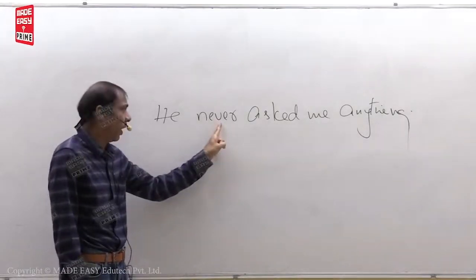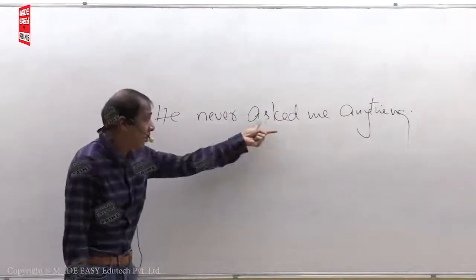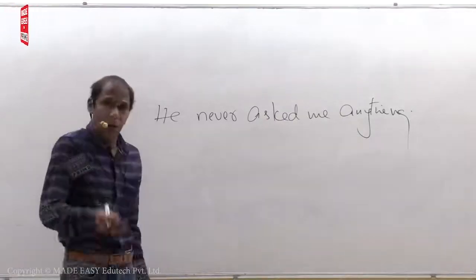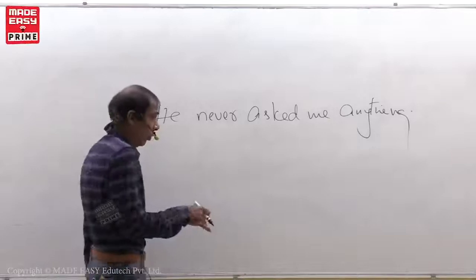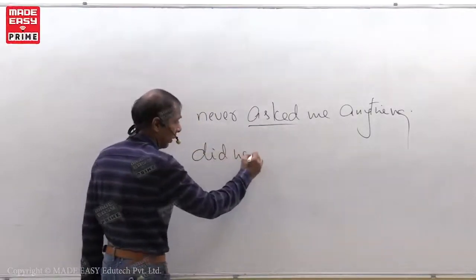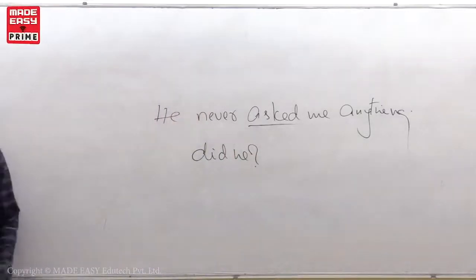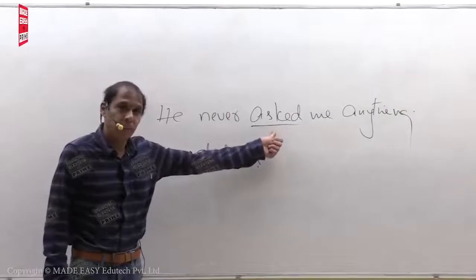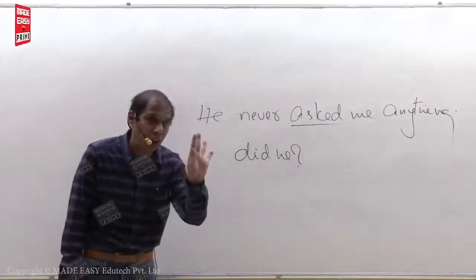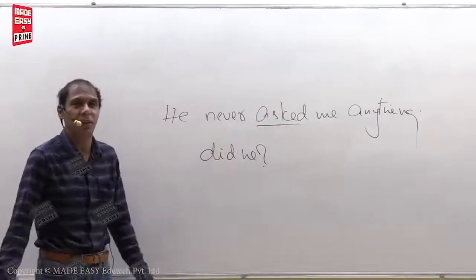When you find never in a sentence, it means the statement is negative. When a statement is negative, the question tag must be positive. What is the rule? Special verb plus pronoun. We have no special verb here. When there is no special verb, what do you have to do? Borrow do or does or did. Asked is past tense, so I have to borrow did. Did he? That's all.